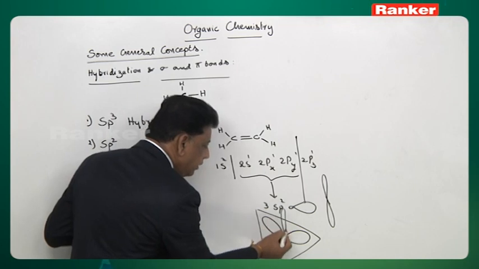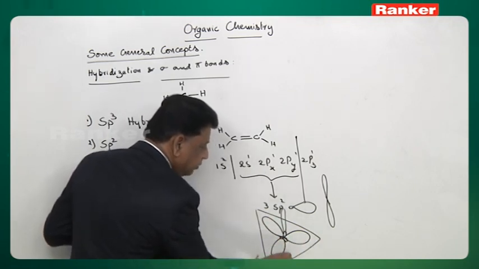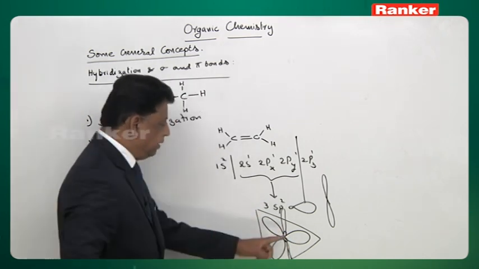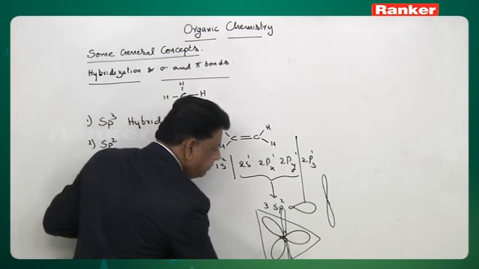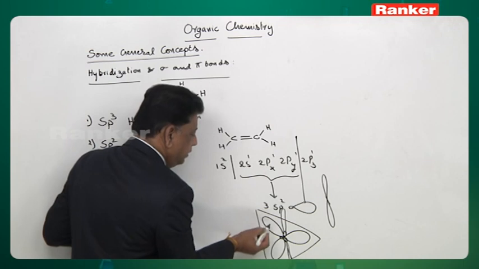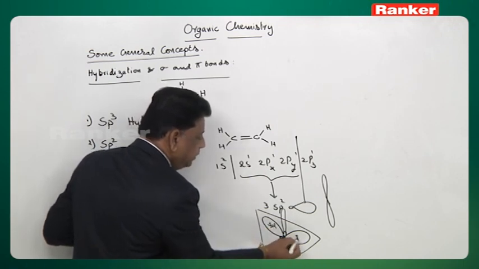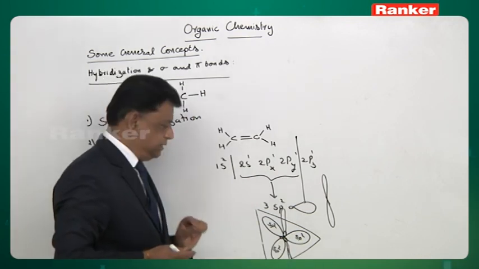Half of the lobe will be above the plane and half below the plane, connected to the carbon atom. So the carbon atom will have 3 sp2 orbitals and a pz unhybridized orbital, and the 3 sp2 orbitals are equal in energy and shape.